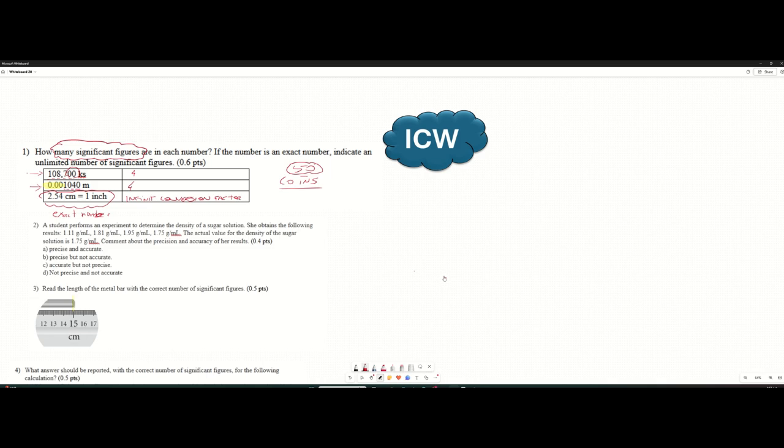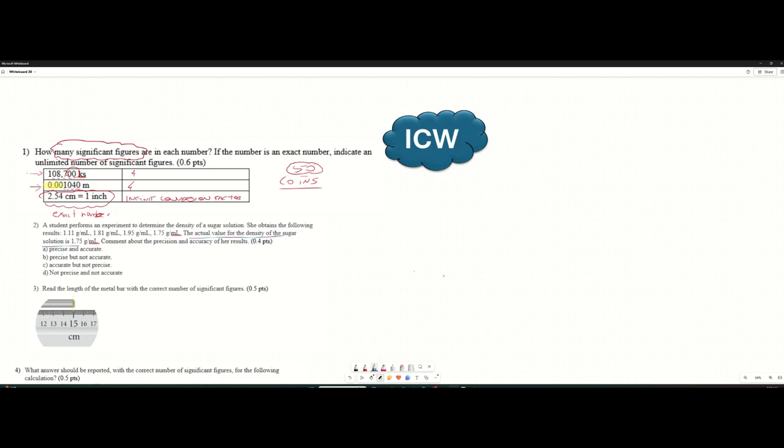Okay, so let's go to the next one. We talked about accuracy and precision. Remember, to be accurate, you need to have values that are your target value. Like here, the actual value for the density of sugar solution is 1.75 grams per milliliter.